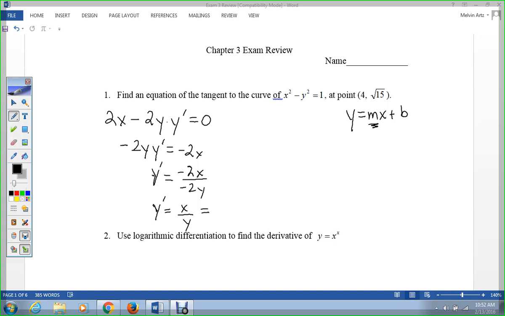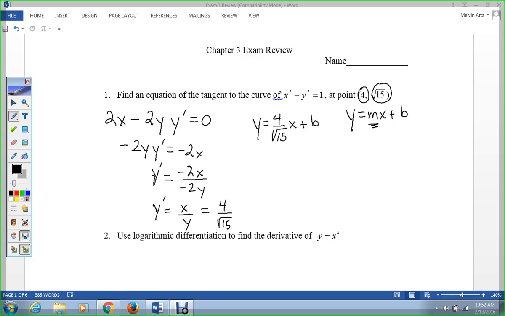So the slope of the line at the point (4, square root of 15), we plug our x value and our y value into our derivative. So we would have 4 divided by the square root of 15 for our slope. So we have y equals 4 divided by the square root of 15 times x plus b.